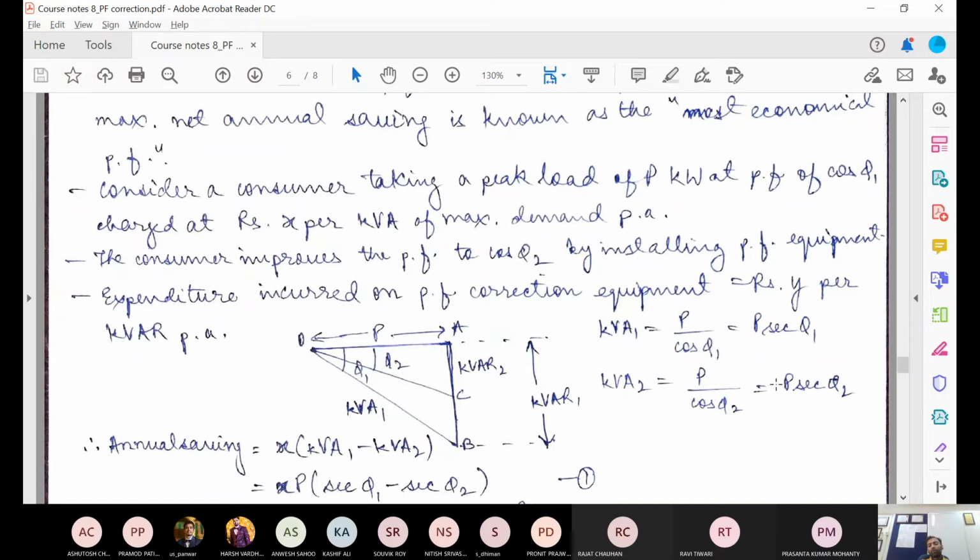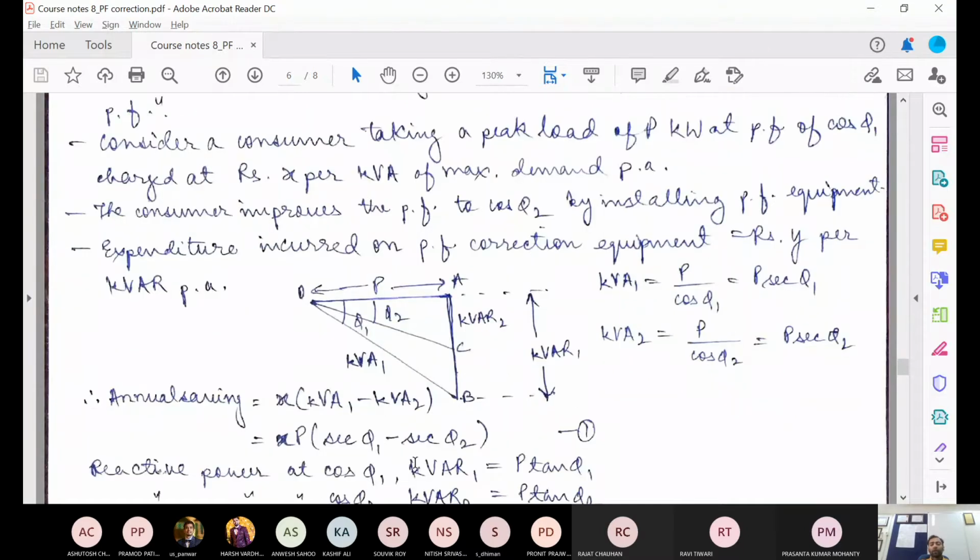So for the annual saving, we are reducing our maximum kVA demand from P sec phi 1 to P sec phi 2, and the charges are rupees X per kVA of maximum demand per annum. So the annual saving by reducing this maximum demand will be X times kVA1 minus kVA2, or substituting these values, we can write it as XP (sec phi 1 minus sec phi 2). So that is my annual saving. This is equation 1.